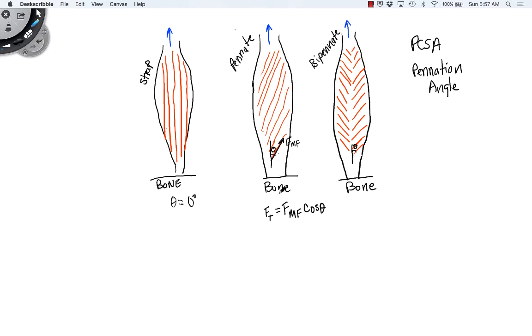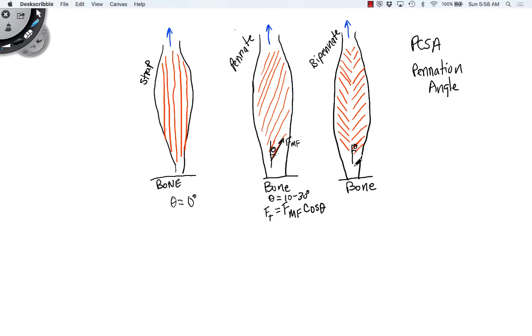Well, that should immediately make us think, well, that's not optimal. Why aren't all muscles arranged like this strap muscle? And if we think even a little bit more, we could see that the pennation angles tend to be pretty low. So a pennate muscle a lot of times is like 10 to 30 degrees.